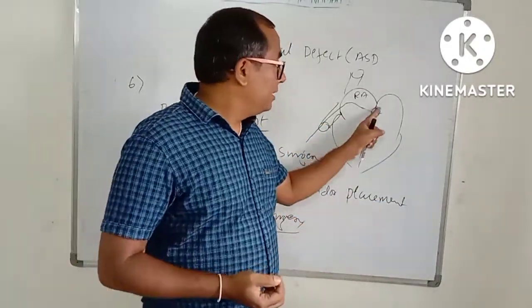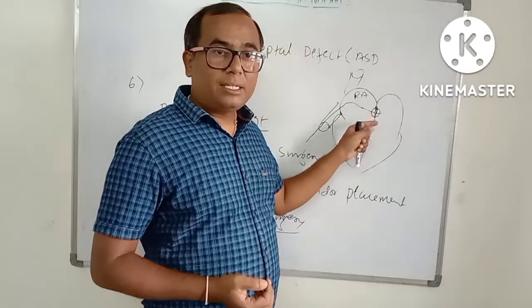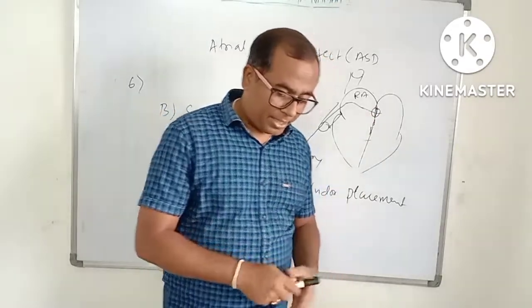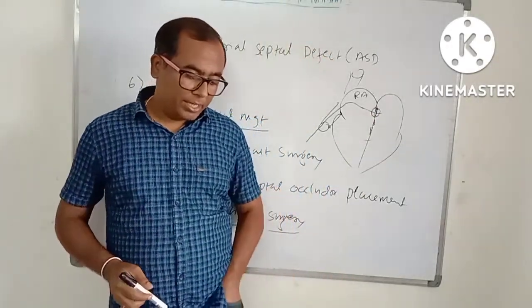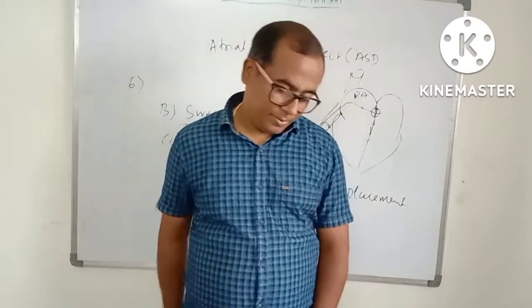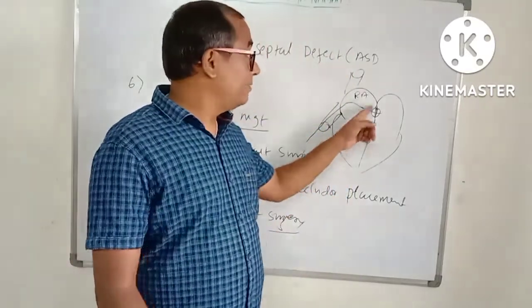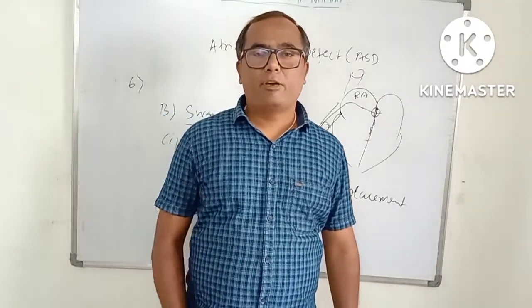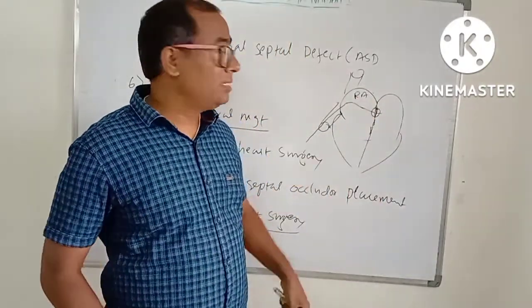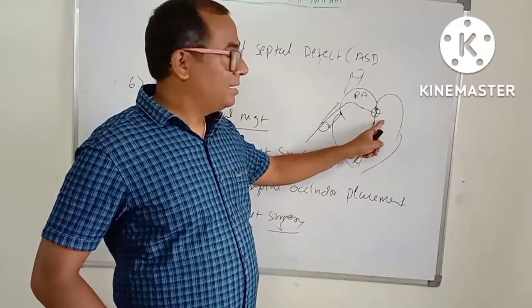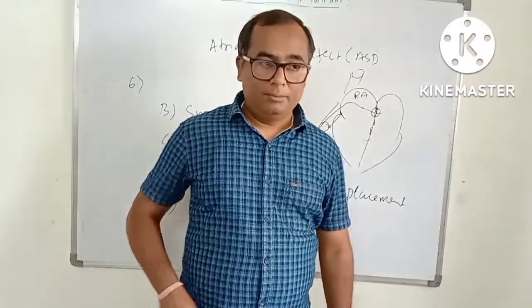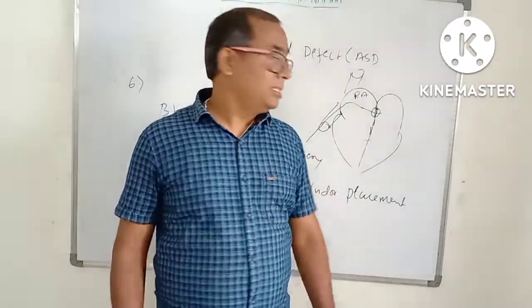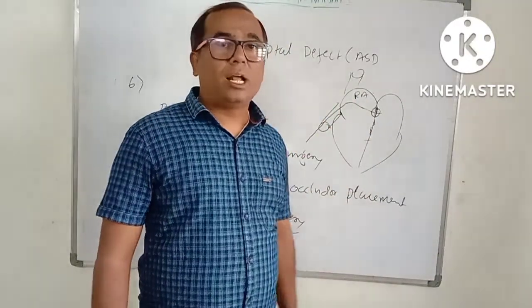Then where the defect is present, the patch is applied. The septal defect is closed with the patch, a Dacron patch. After the closure with the patch, the patient is removed from the heart-lung machine, and blood flow through the heart is maintained.